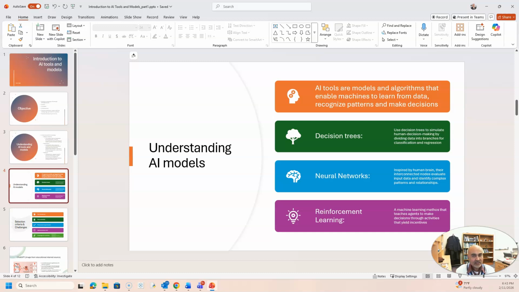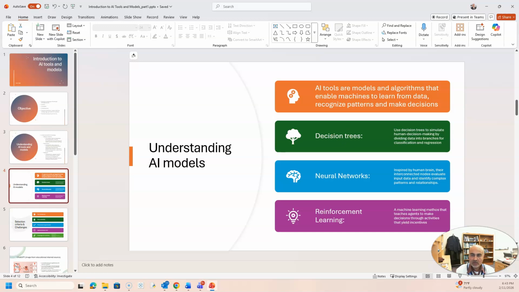And they can be categorized in the following ways. When we talk about decision trees, we use them to simulate human decision making by dividing data into branches.